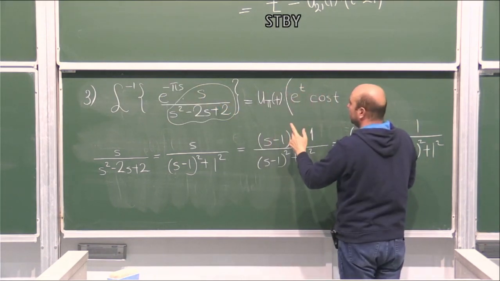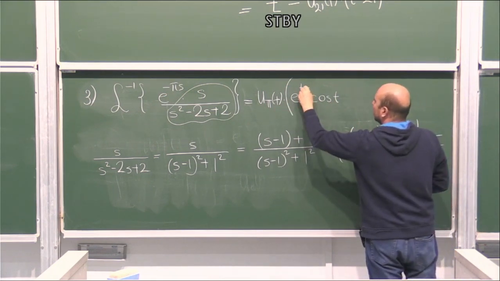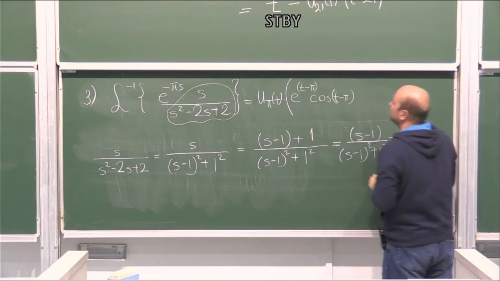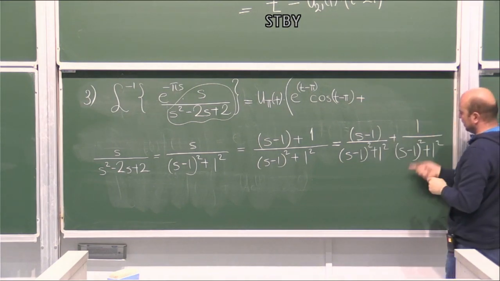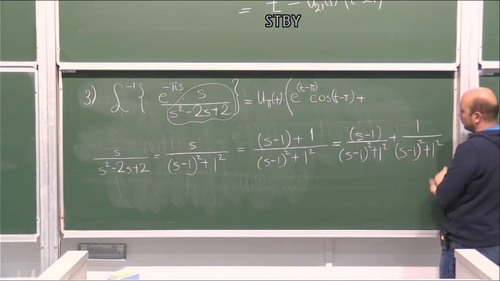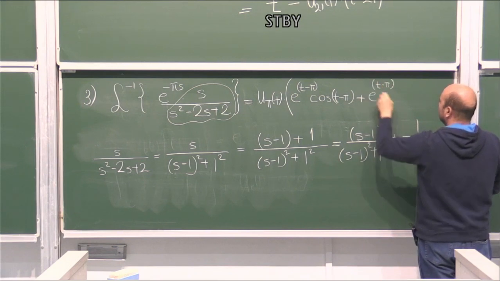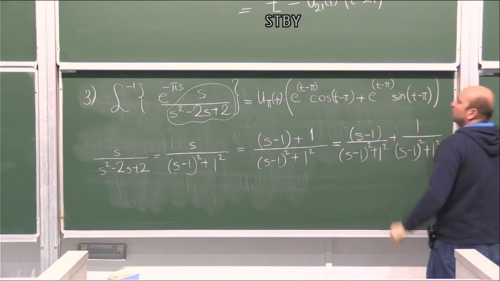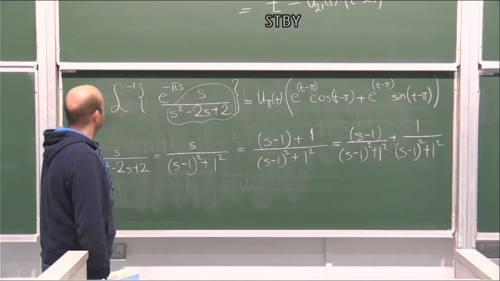But if there is a step function here, then I have to shift all of them by pi. So I have to write t minus pi in the place of t. And similarly for this one, it is exactly sine, so again we do t minus pi, but this time it is sine of t minus pi. So this is what we get for the inverse Laplace of this function.